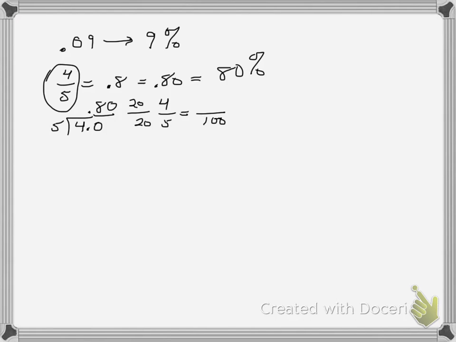So 4 times 20 is 80. And 80 over 100 would be 80%. So you have several tools at your disposal now. Sometimes they just depend on how easy the numbers are, especially in the denominator. So go ahead and do the rest of 1.30 on your own, and let's look finally at 1.31.